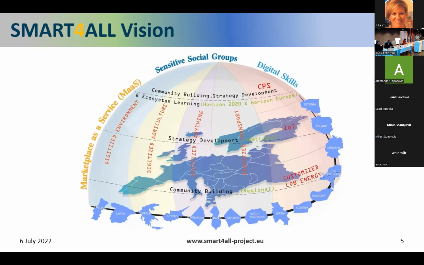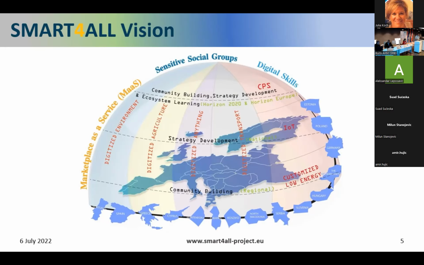And of course, the goal is to make the whole network visible to Europe. So through initiatives like EEN, we interconnect the Southeastern European network, or at least this is our vision, with the European ecosystem.